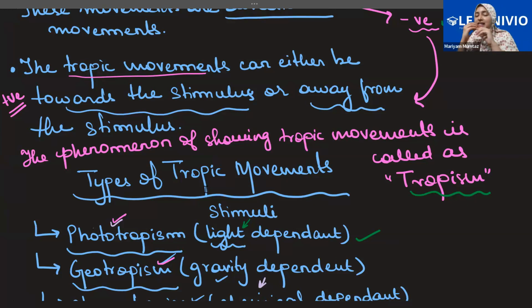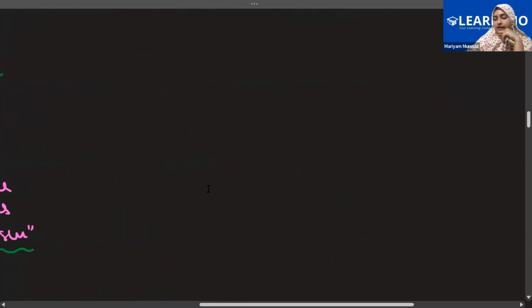I'll give you the simplest example ever to explain this particular thing. See, if we talk about a plant, for example, this is the layer of the soil. Clear? You put a seed here, right? And then this seed germinated. Now, this is the stem and the roots would be here.